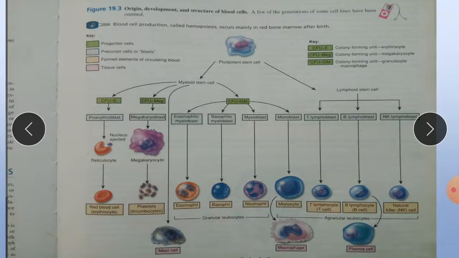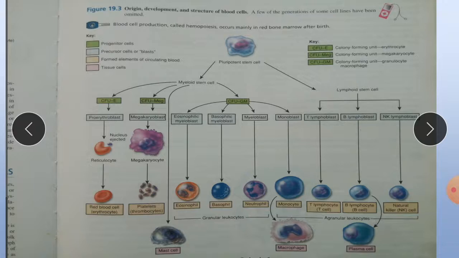CFU-E ultimately produces erythrocytes. CFU-Meg produces the megakaryocytes, meaning platelets.